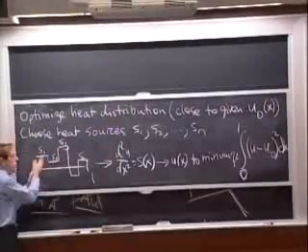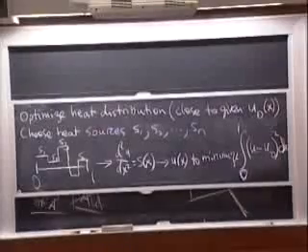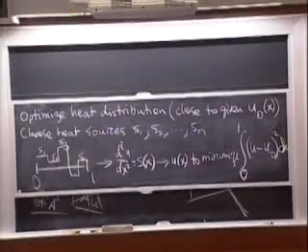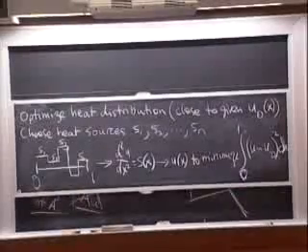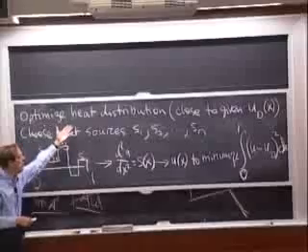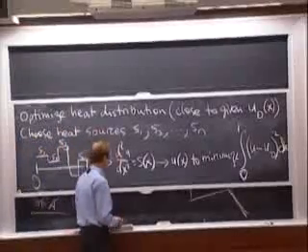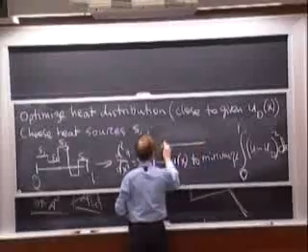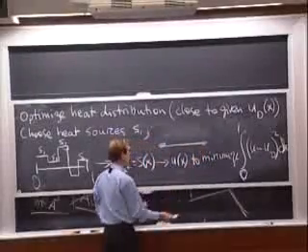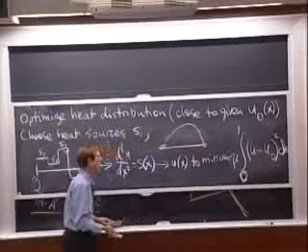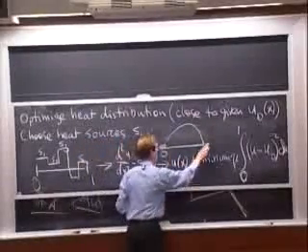So I just wrote it on this board, and I simplified it a little over the homework that they'll actually get. So here's the problem. We want a certain distribution of heat. So I could draw a picture. We want a heat distribution for whatever reason that maybe goes like this over the interval 0 to 1.